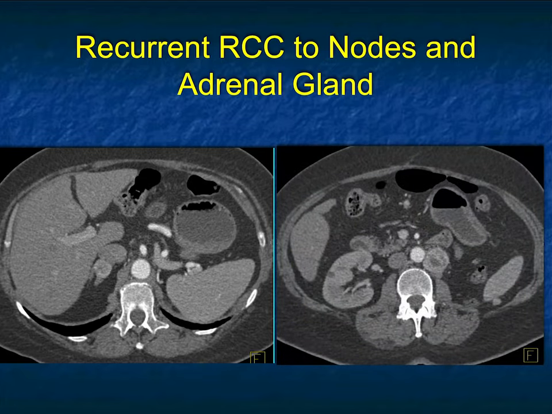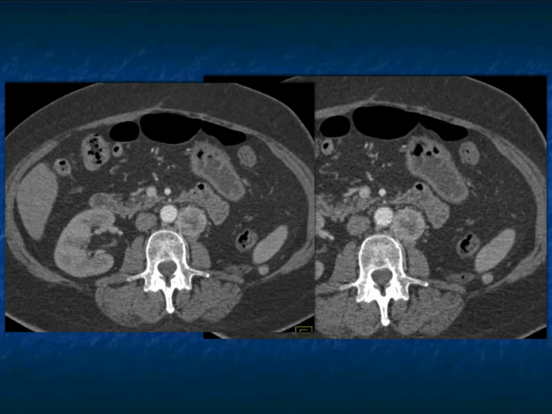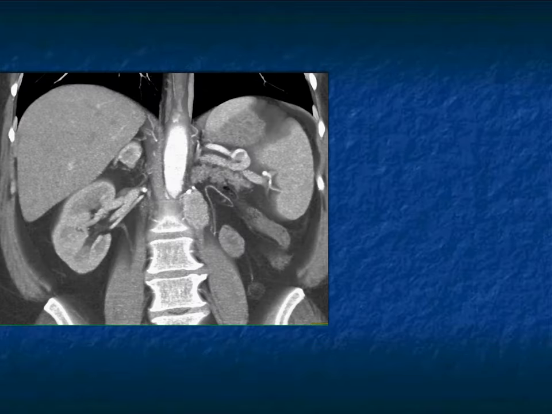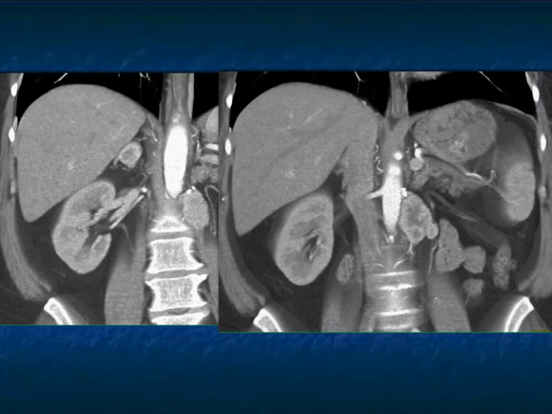The patient also has adenopathy. Again, the point I'm making about multiple sites of disease. There's also an implant by the patient's spleen, the paraaortic nodes, the adrenal gland, and again, the nodes as well as the adrenal are going to be vascular in this patient who had a left nephrectomy for a clear cell renal cell carcinoma.